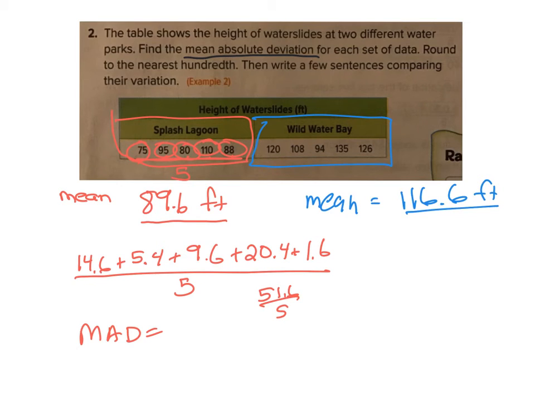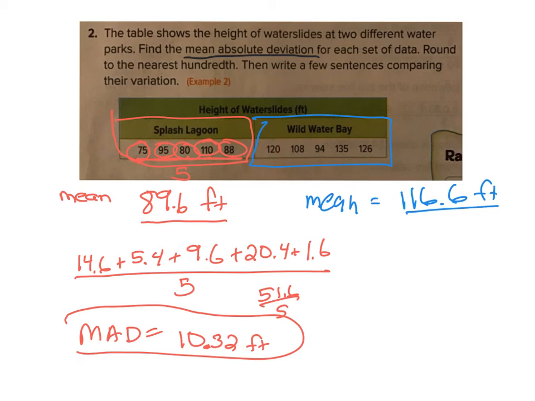Divide that by 5, I get 10.32 feet. So the Splash Lagoon has a 10.32 feet deviation from the shortest to the tallest. So there is some variation there.